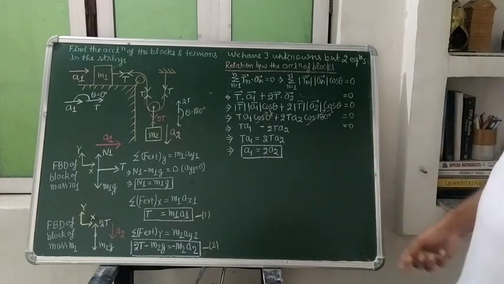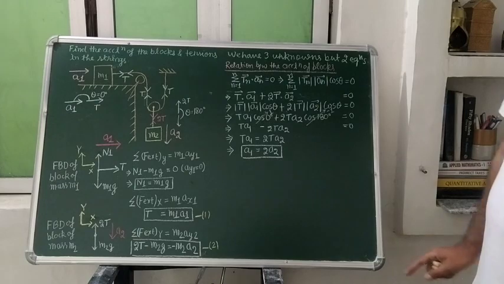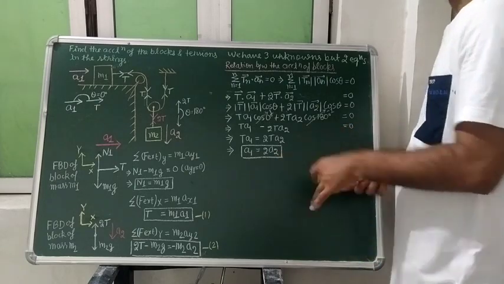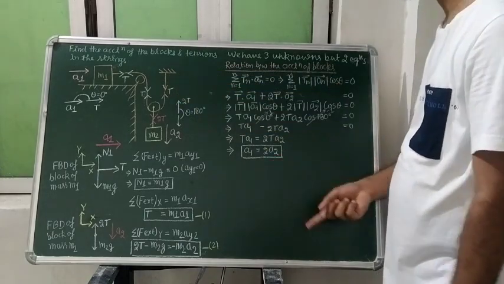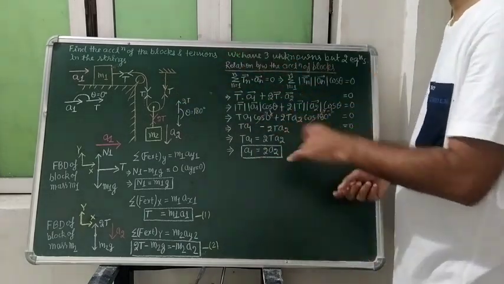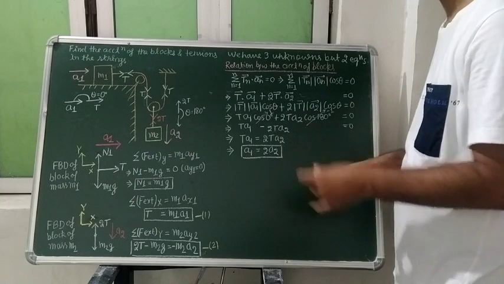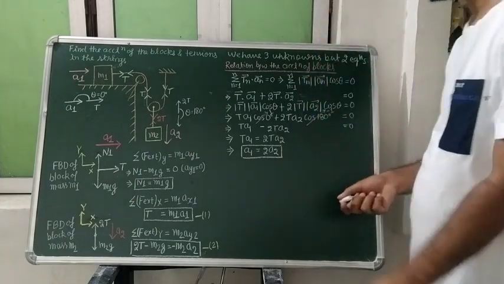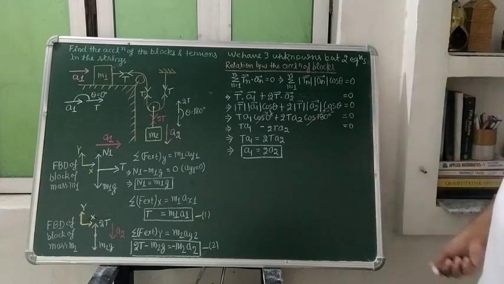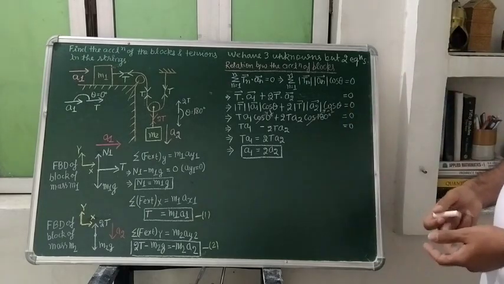If you want to know the relation between the blocks only. Otherwise, if the problem asks for the acceleration of the pulleys, I will suggest you go for the traditional method. Otherwise, solve from it. It will be easy to know. Okay.